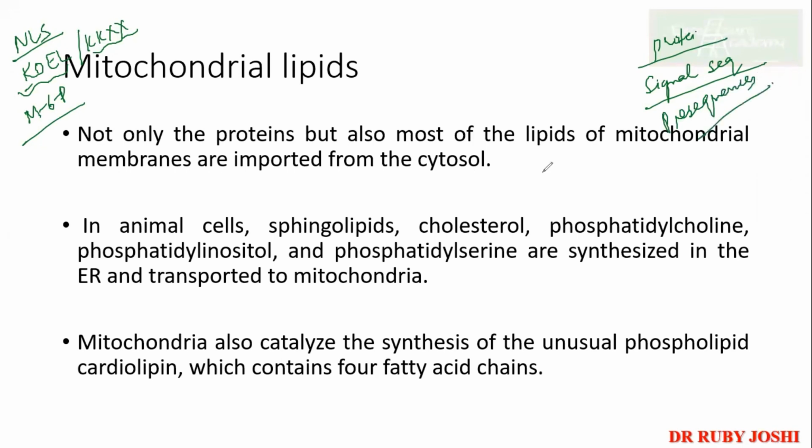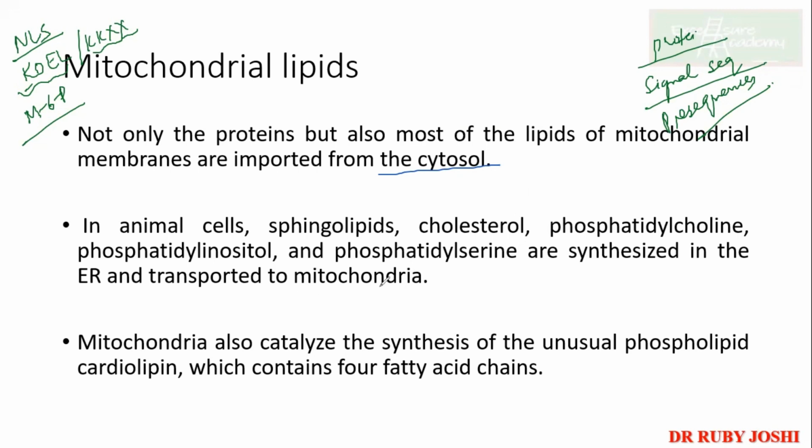Okay. Now let's talk about the lipids which are present in the mitochondria. Not only the proteins but also the lipids of mitochondrial membranes are imported from the cytosol. In animal cells, sphingolipids, cholesterol, phosphatidylcholine, inositol, serine, they are all synthesized in the ER and then transported to the mitochondria.